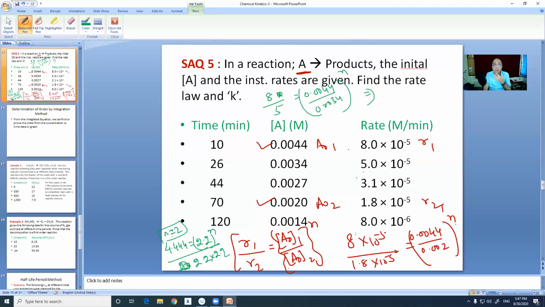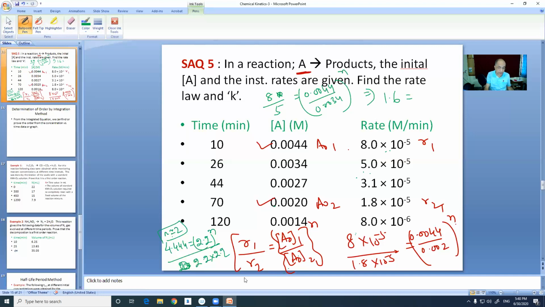So what is happening? 1.6 is equal to 0.0044 divided by 0.0034, which is 1.294.